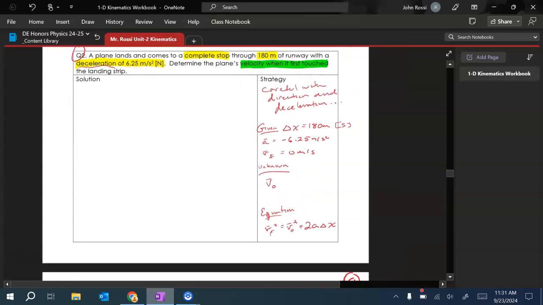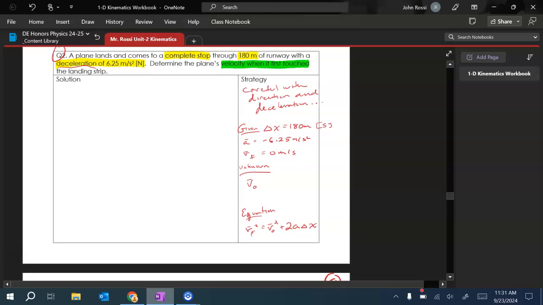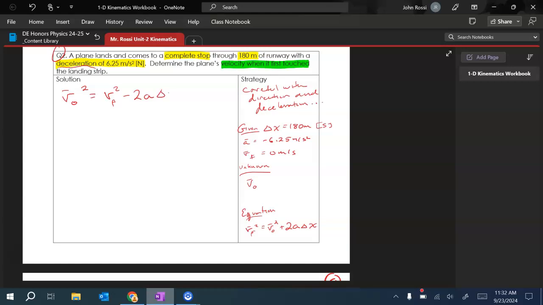I'm going to give myself a little more room here. Sorry, guys. If I want to find initial velocity squared, that's going to be equal to final velocity squared minus 2 times the acceleration times the change in distance, or displacement.